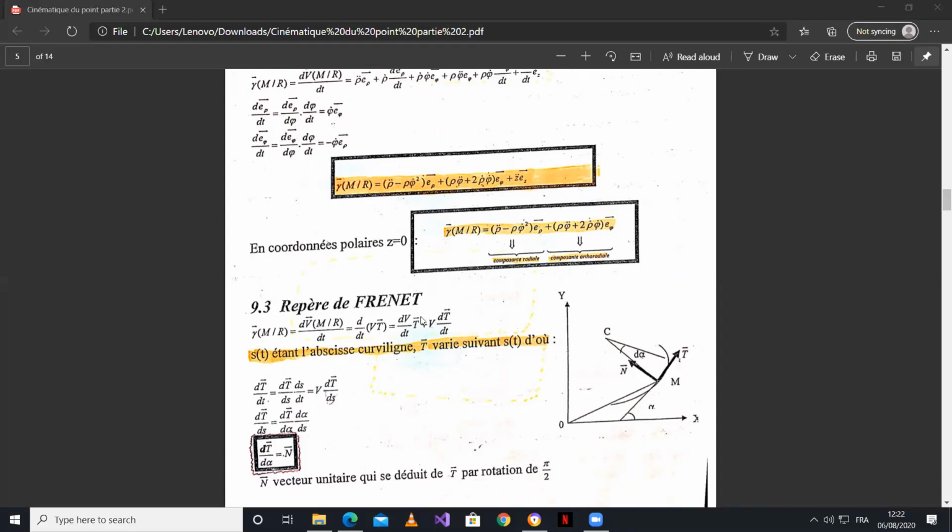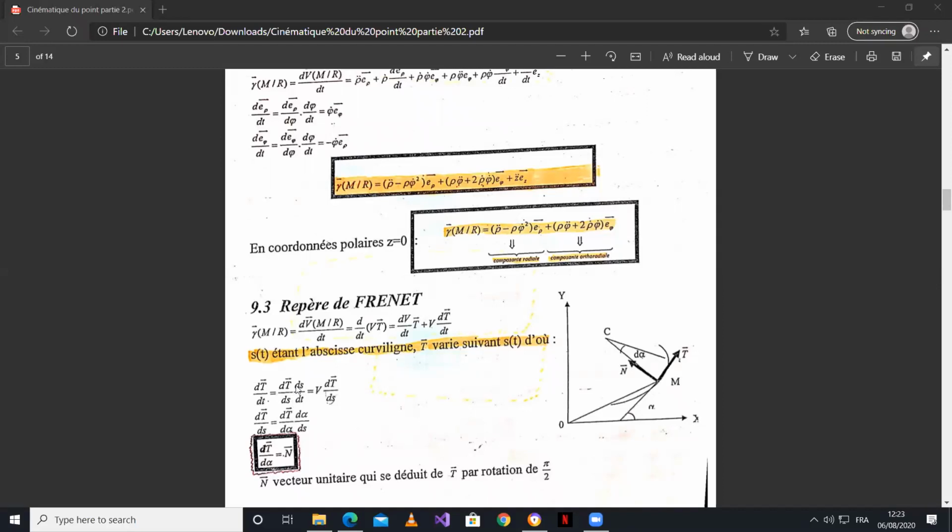Okay, so when we have dT over dt, we can decompose this. As we've been told, the tangent varies as the abscisse curviligne varies also, meaning those two have a varying relationship with each other. So we can derive them with respect to each other. So we can break it down to have dT over ds multiplied by ds over dt.